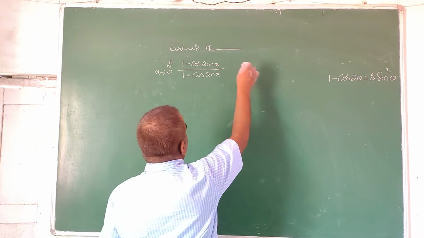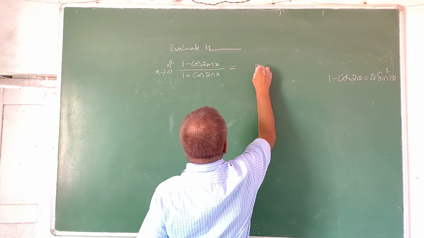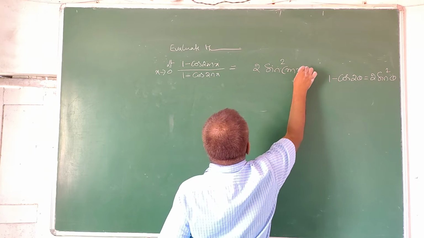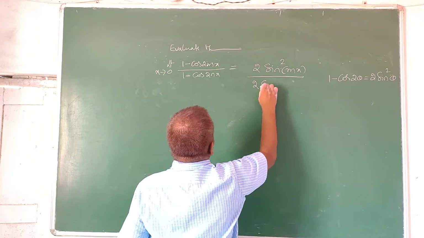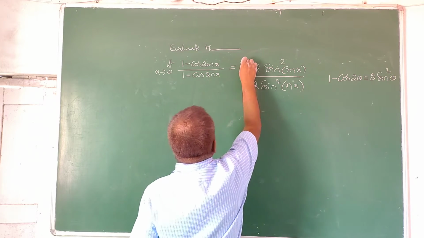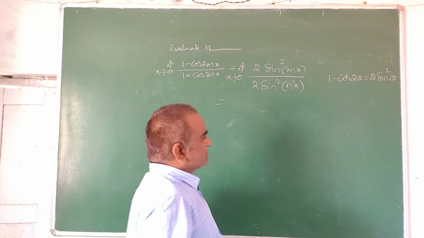If you use that identity, this would result as 2 sin squared mx, and this would result as 2 sin squared nx, as limit x tends to 0.